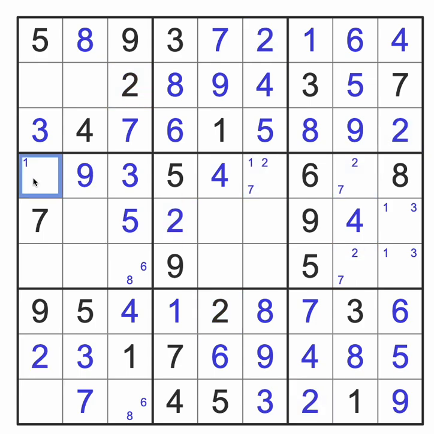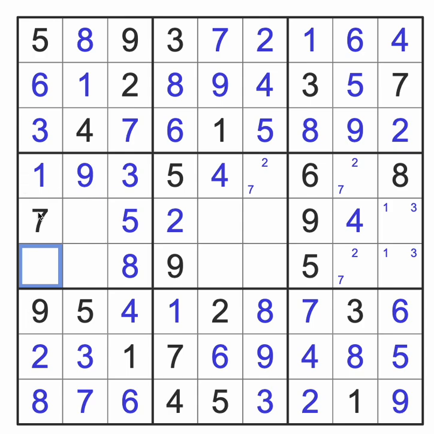Oh, 1, 2, 7 are missing from this row, and this is blocked by 2 and 7, so this is 1. That gives me 1 here, and 6 here now. These are 6, 8 double. 6 here makes this cell 8, and this is 6, and this is 8.